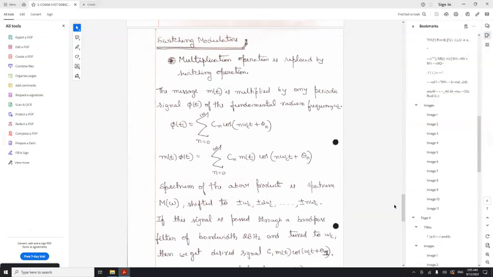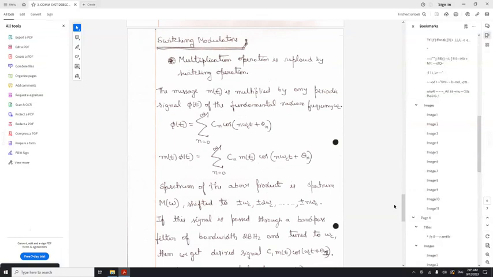Right? So let that periodic signal phi of t be equal to the summation from n equal to 0 to infinity of Cn cos of n omega ct plus theta n, where theta n is the phase of this.